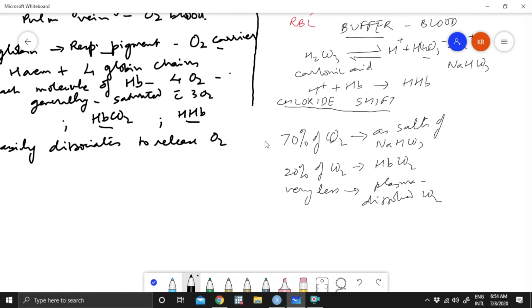So the maximum amount of CO2 is by this method, where it is being transported as bicarbonates of sodium and potassium, and some amount of this is transported as HbCO2. So this is how it moves. So we have now considered all the points in this chapter.